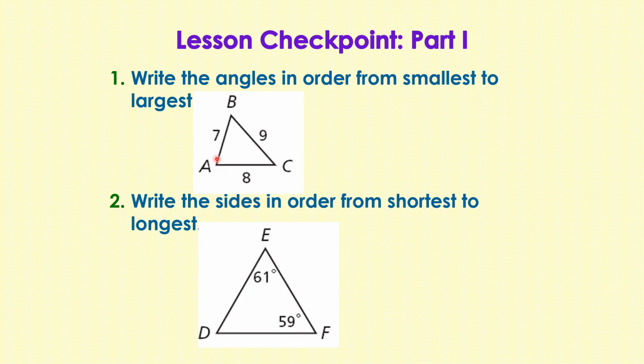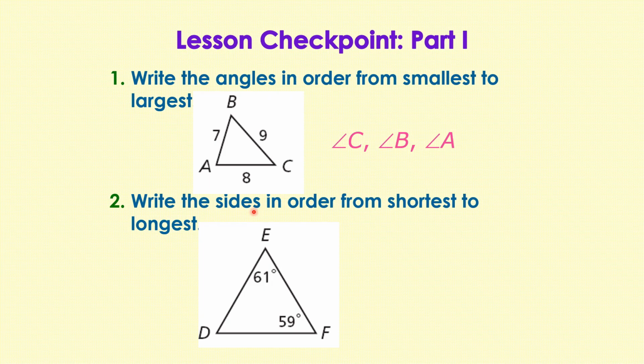Shortest is 7, which is opposite C. Next is 8, which is opposite B. And next is A. So the arrangement is angle C, angle B, and then angle A.